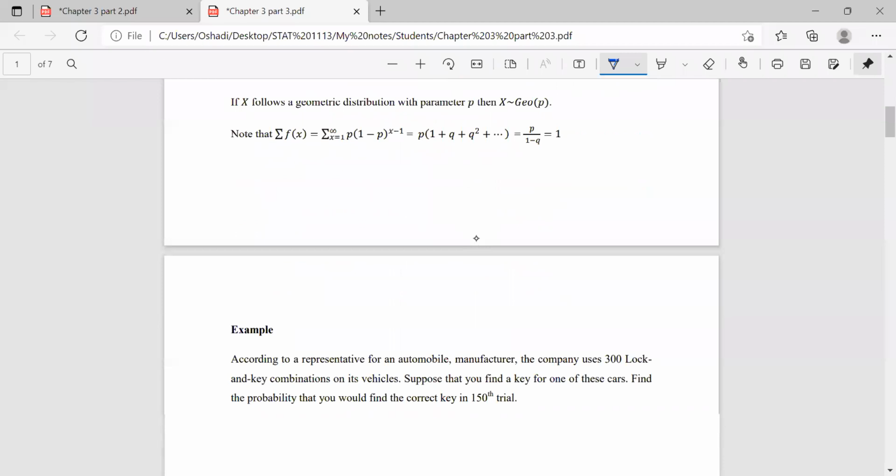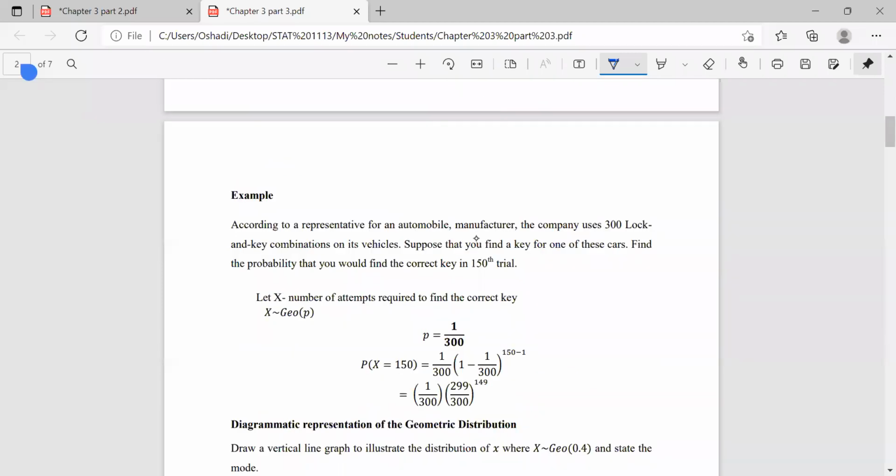Okay, consider this example. According to a representative for an automobile manufacturer, the company uses 300 lock and key combinations on its vehicles. Suppose that you find a key for one of these cars. Find the probability that you would find the correct key in the 150th try.